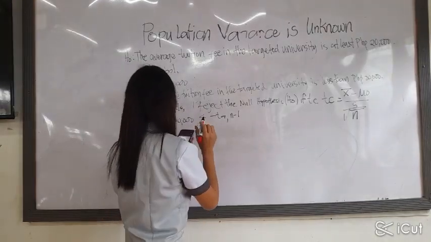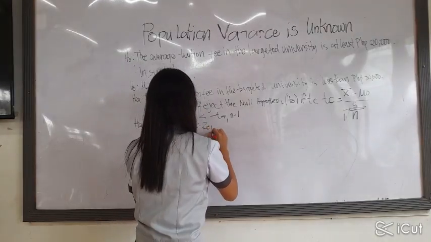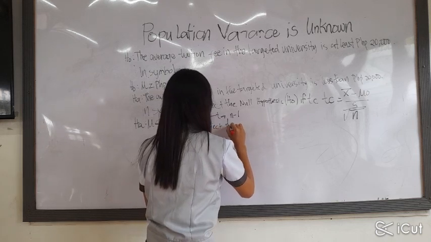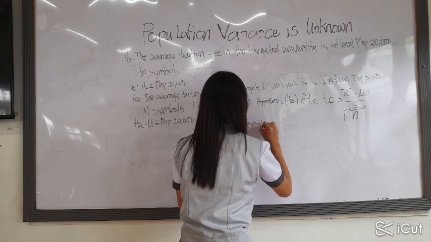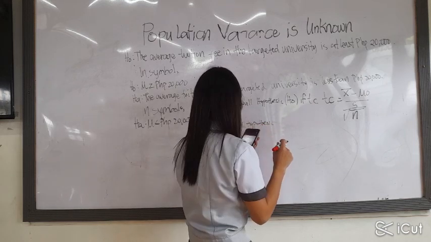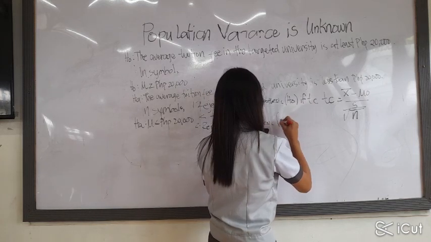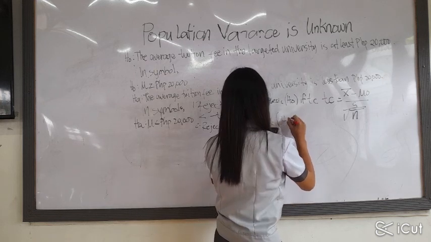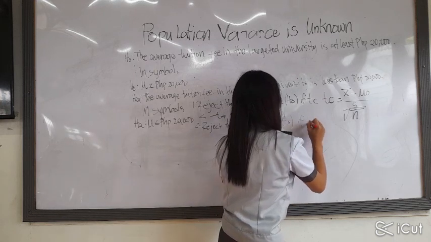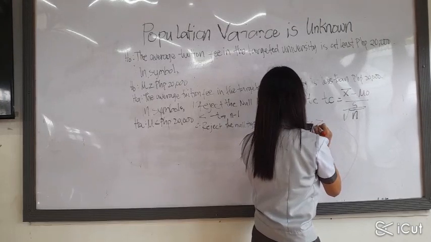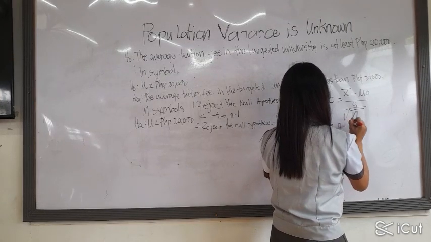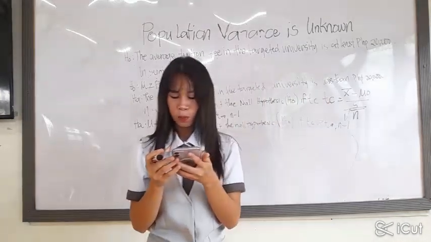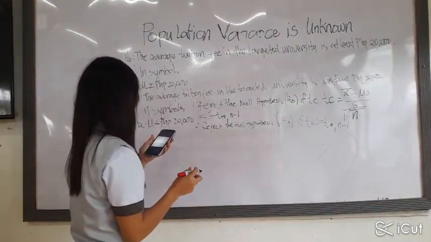Number 2, reject the null hypothesis if t sub c is greater than t sub alpha with n minus 1 degrees of freedom. Otherwise, we fail to reject the null hypothesis.